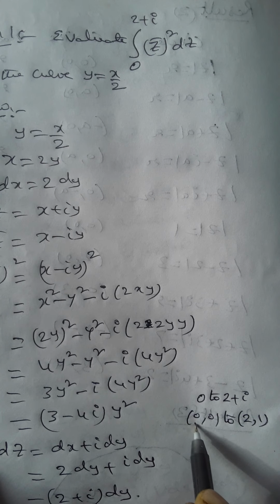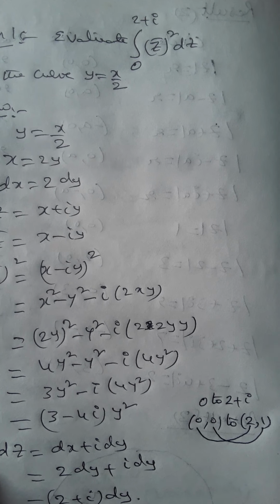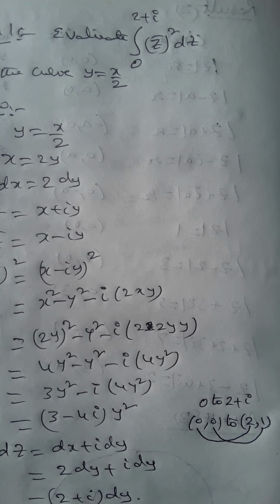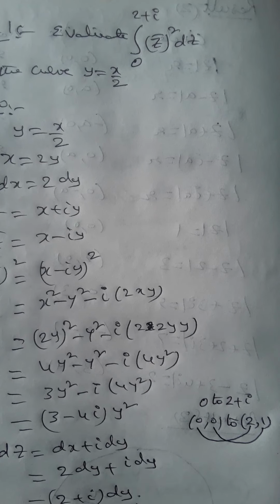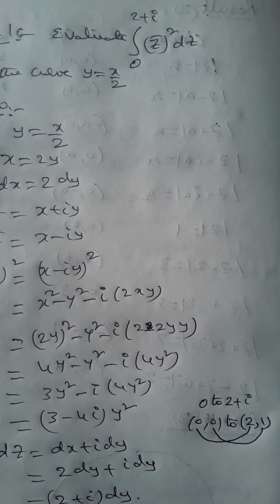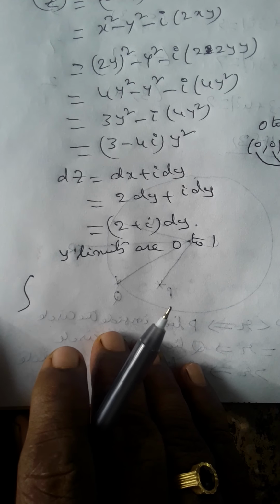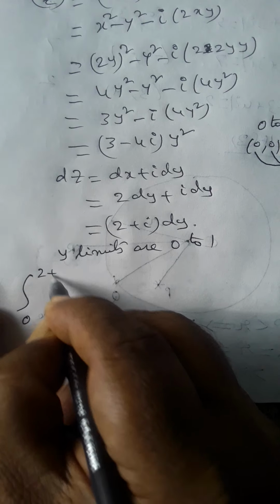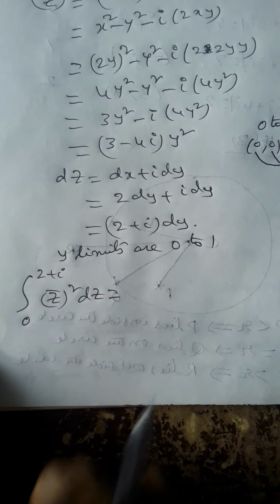So x limits are 0 to 2 and y limits are 0 to 1. The integral from 0 to 2 plus i of z bar whole square dz is the actual problem.